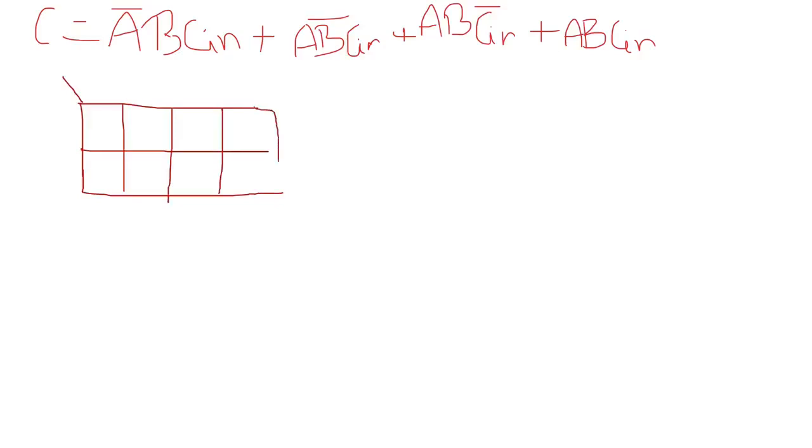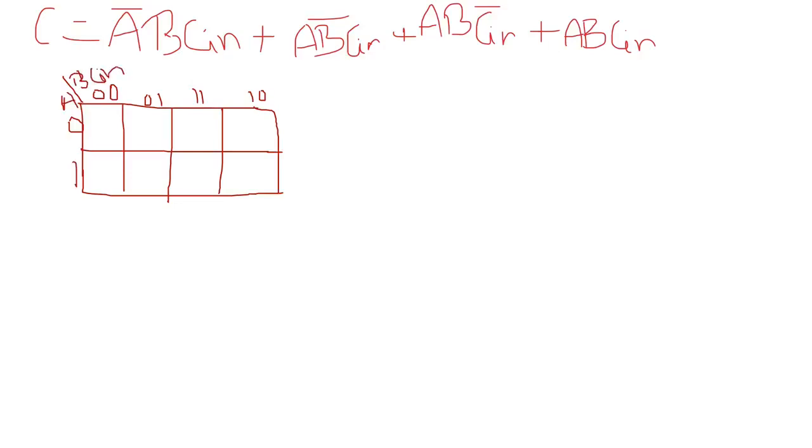Hope you all know how to write a K-map. This is the 0th position, 0 0. This is 0 1, this is 1 1 and this is 1 0. And here it is 0, 1. Here it is A, and this is B C in.